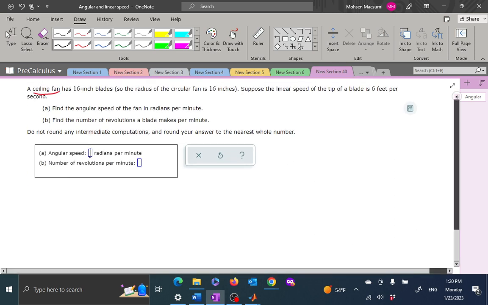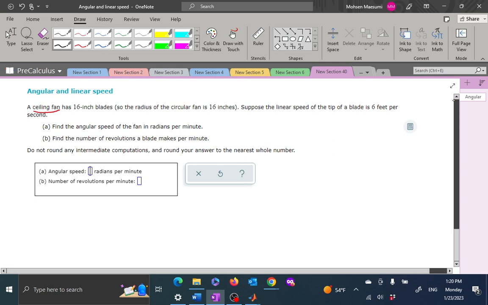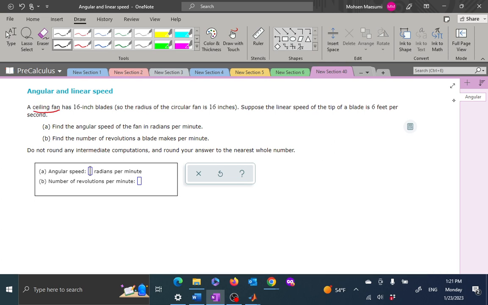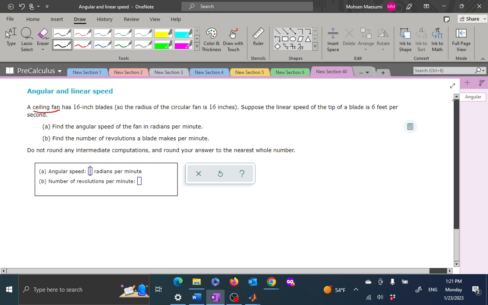Okay, one last problem here. This one is saying angular and linear speed. Again, a ceiling fan has a 16-inch blade. So we have a fan, hopefully looking better than this fan that I'm drawing.